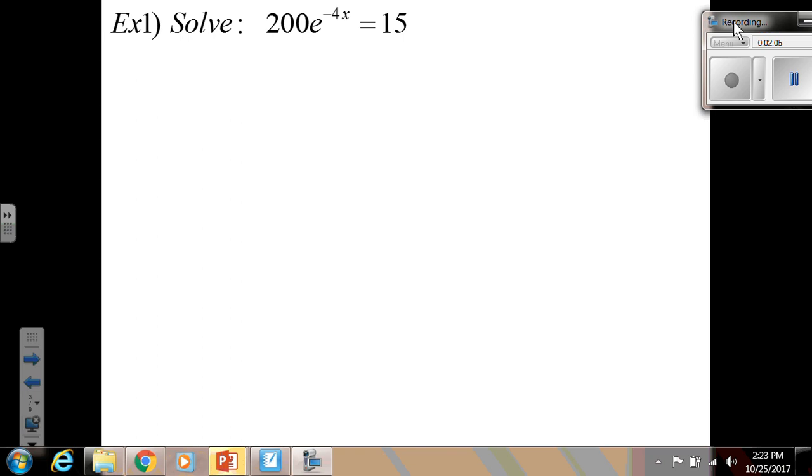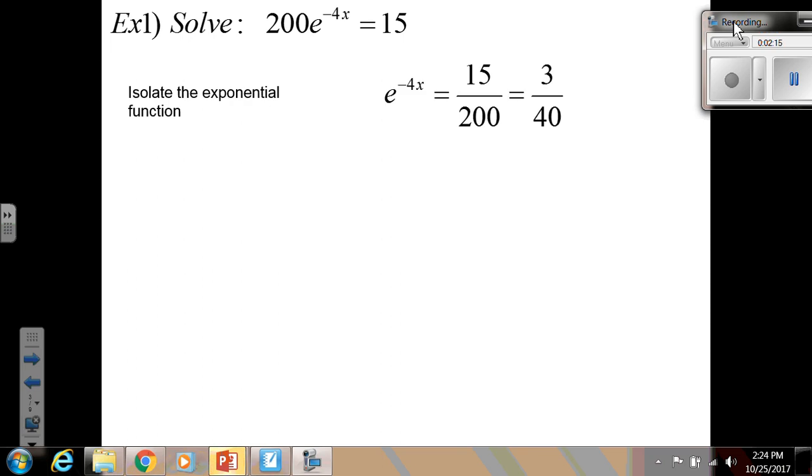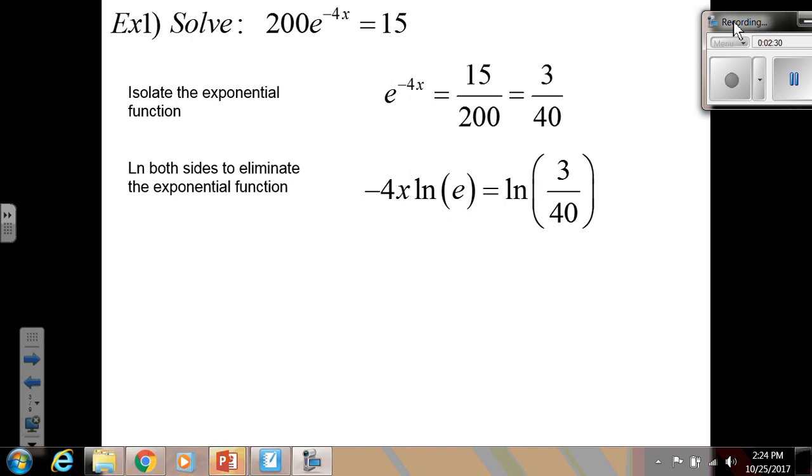All right, so let's review some solving here. So if we have to solve a problem like this, we're trying to solve for x. Remember, we want to isolate the e part. All right, so we're isolating e to the -4x by dividing by the 200. Then we're going to take the natural log of both sides to eliminate the exponential function. All right, so that would mean that we can take that power out in front of the natural log.